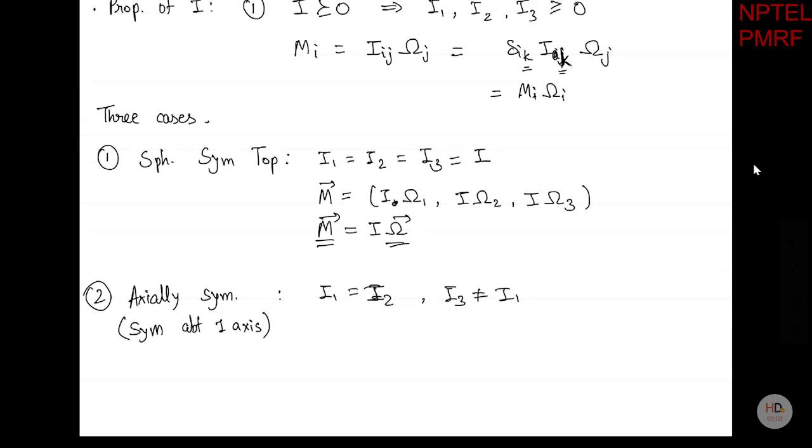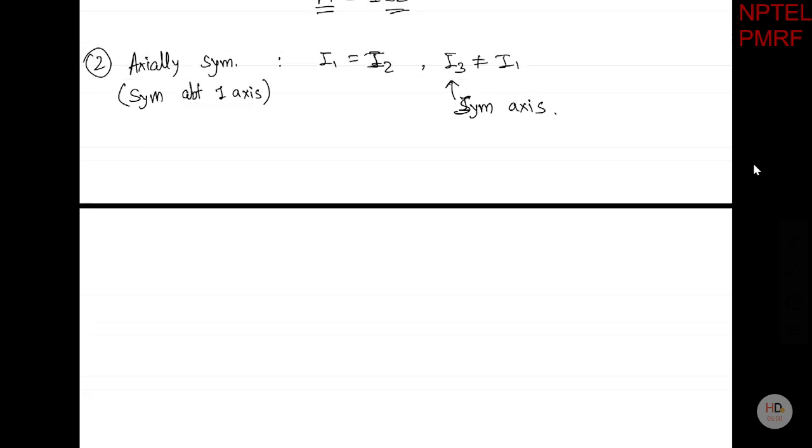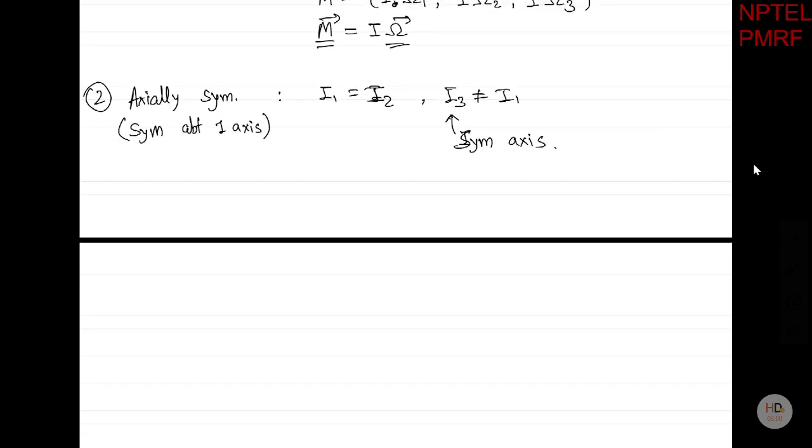So you can say that there is this axis which is the symmetry axis. One of the principal axes is your symmetry axis and the other two are perpendicular to it. You can take any two directions perpendicular to I3 because it's actually symmetric.